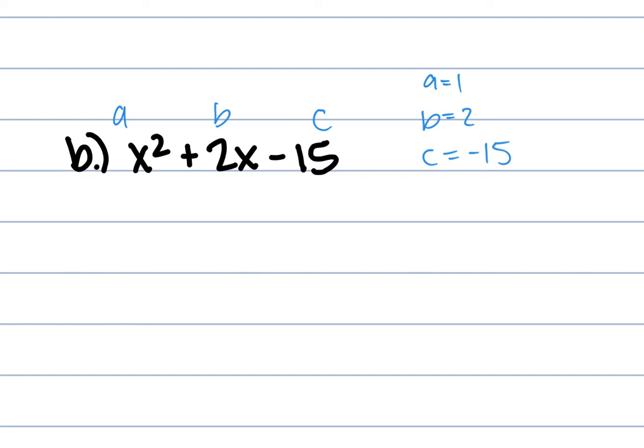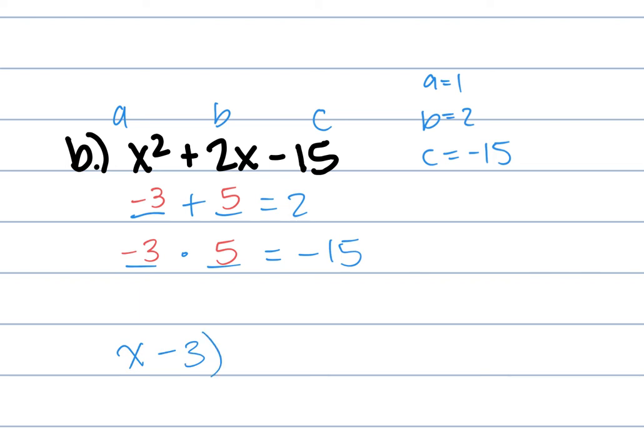Hold on, you're jumping a bunch of steps. Blank plus blank equals 2, and blank times blank equals -15. What were your factors? -3 plus 5, then -3 times 5, and then it would be (x - 3)(x + 5). Good.